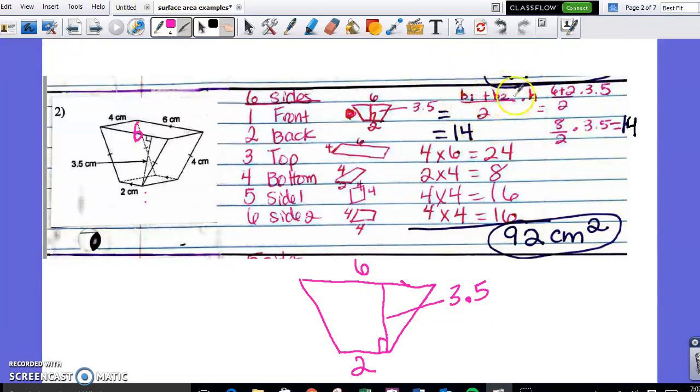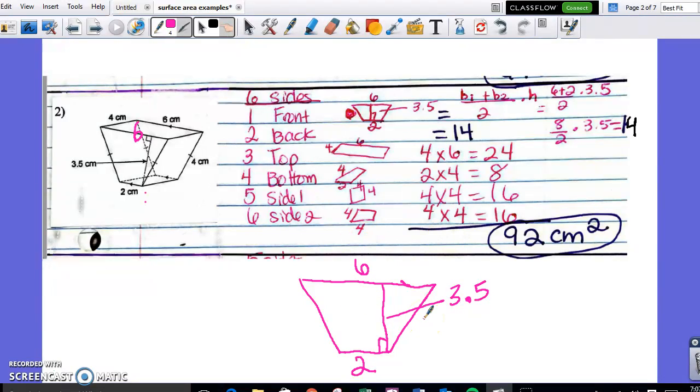Okay, the formula that we are going to use is B1 plus B2 divided by 2. The reason for that is because you want an average. Normally when you're doing these figures, it's base times height, length times width, a lot of the same terminology. But here, these have 2 different bases. It's like if you made a 2 on a test and then a 6. What would your average be?